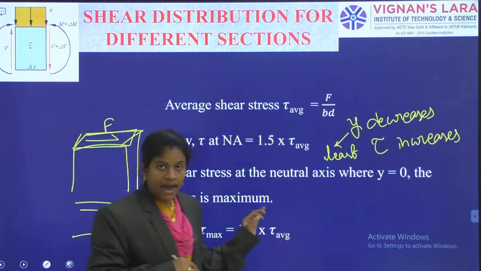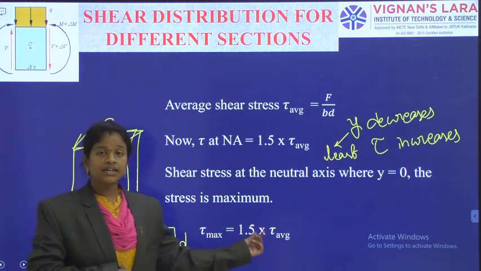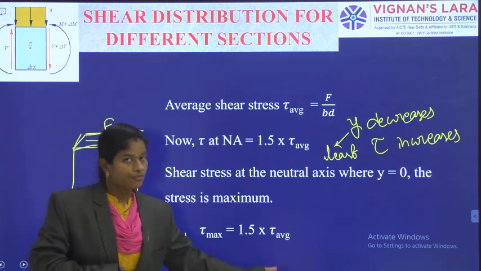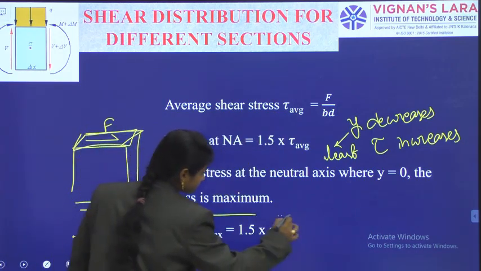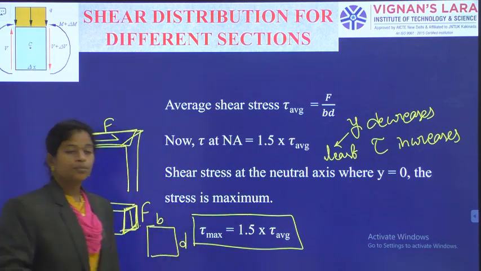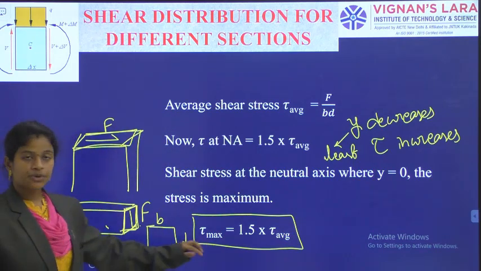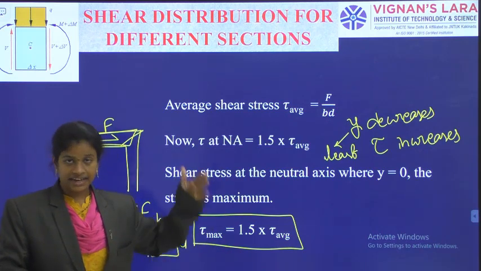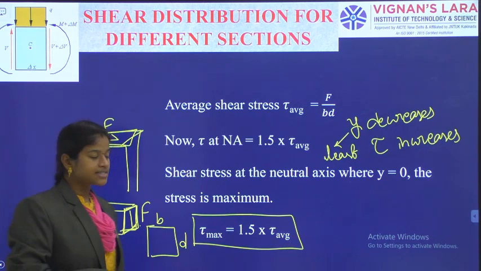So, the tau maximum will occur at the neutral axis. The tau maximum is equal to 1.5 times F by bd, but F by bd is tau average only. That's why tau max is equal to 1.5 tau average. In this way, we calculate a relation between the maximum shear stress in a rectangular section and the average shear stress in the section.